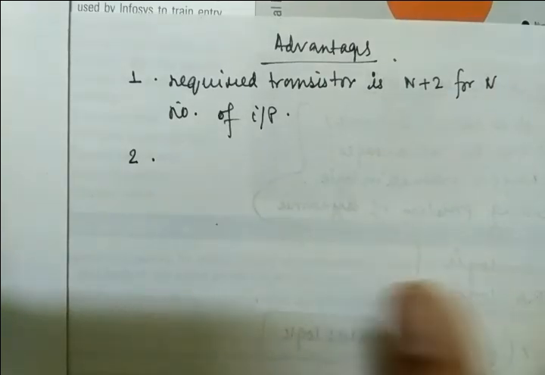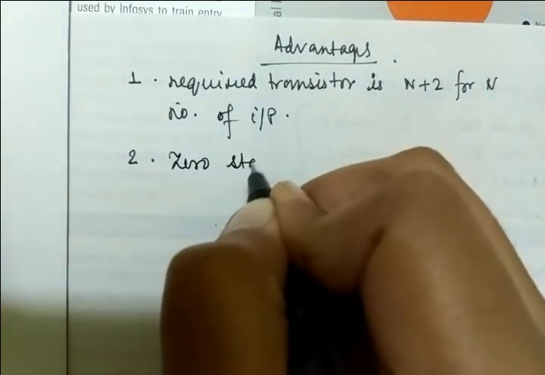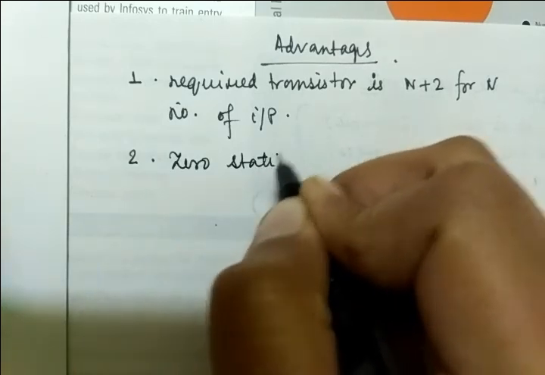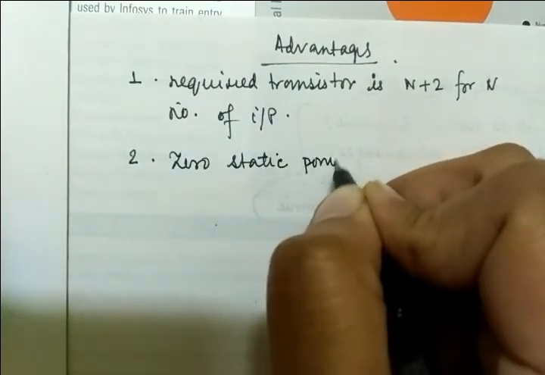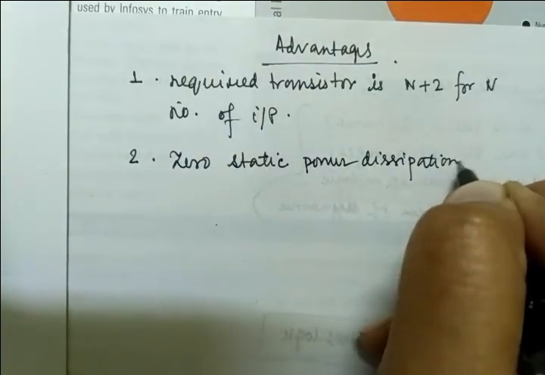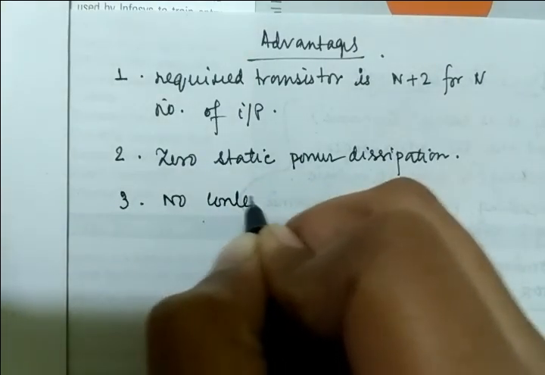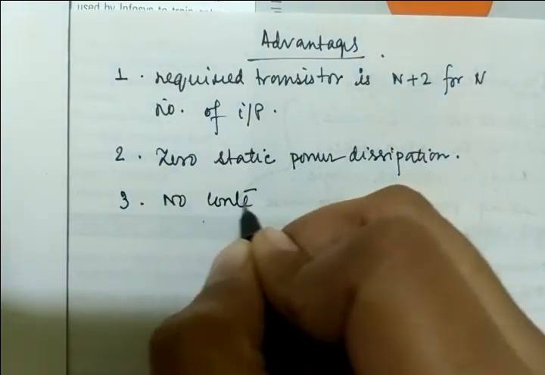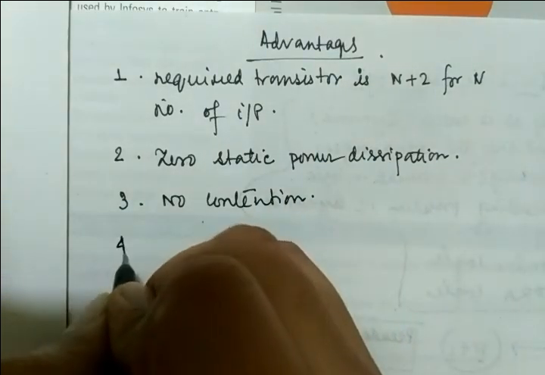Now what is your second advantage? Second advantage, obviously, is zero static power dissipation. That was the major disadvantage of your pseudo NMOS logic. Obviously, there is no contention, because we have already added a foot transistor just below the stack, so no confusion basically.